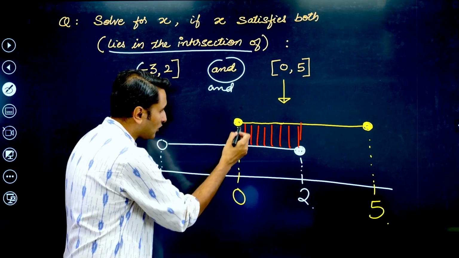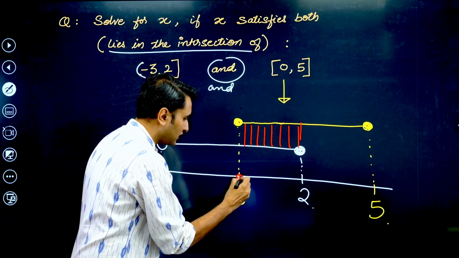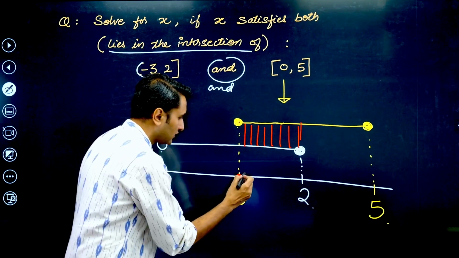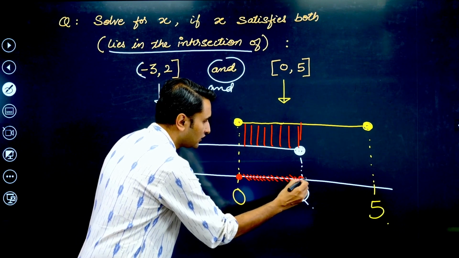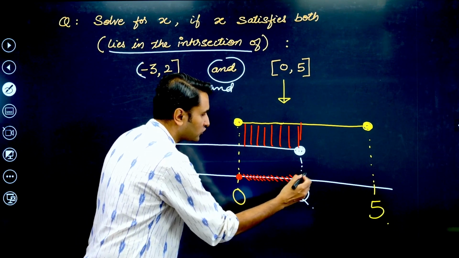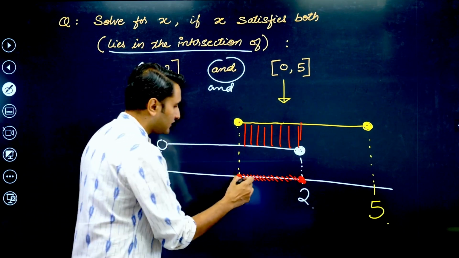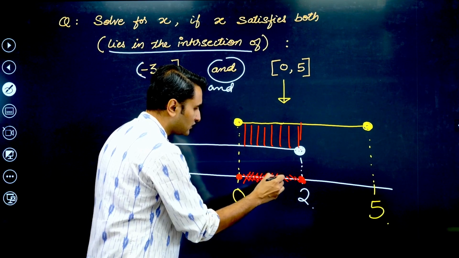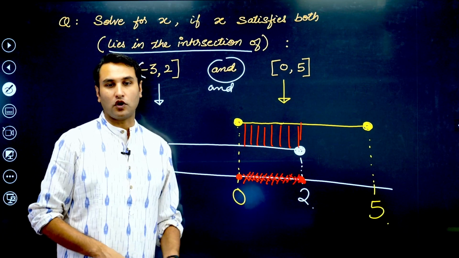So 0 is common between this white and the yellow portion. So from 0, all the numbers from 0 till 2. Do you see 2 is also common in white and the yellow? Right? So do you realize this is the common portion. All numbers between 0 and 2 is the common portion.